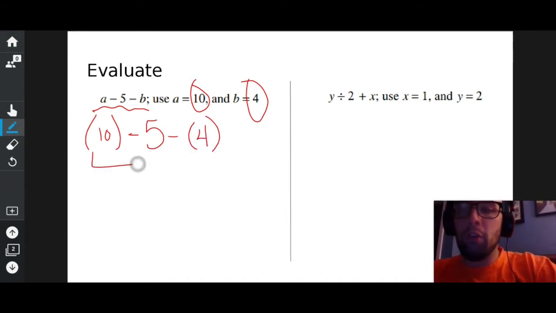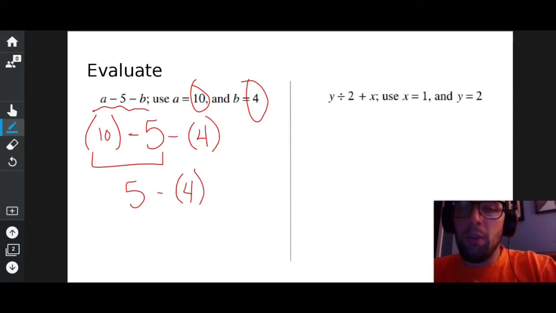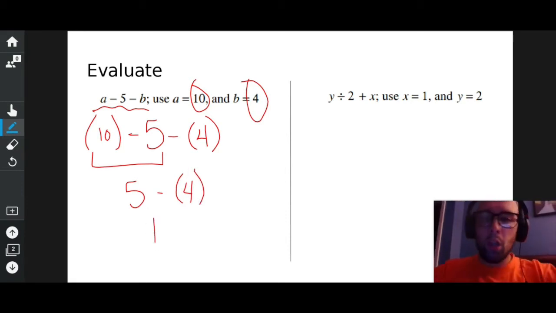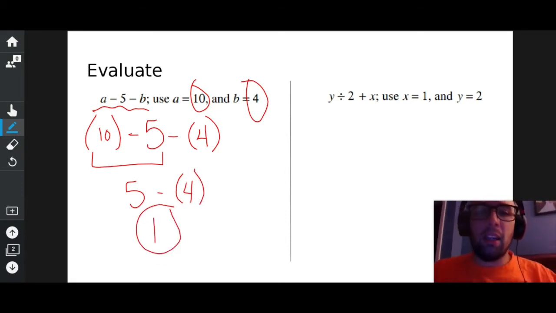So let's go left to right because it's just PEMDAS. 10 minus 5 is 5, and 5 minus 4 is 1. Easy peasy lemon squeezy.